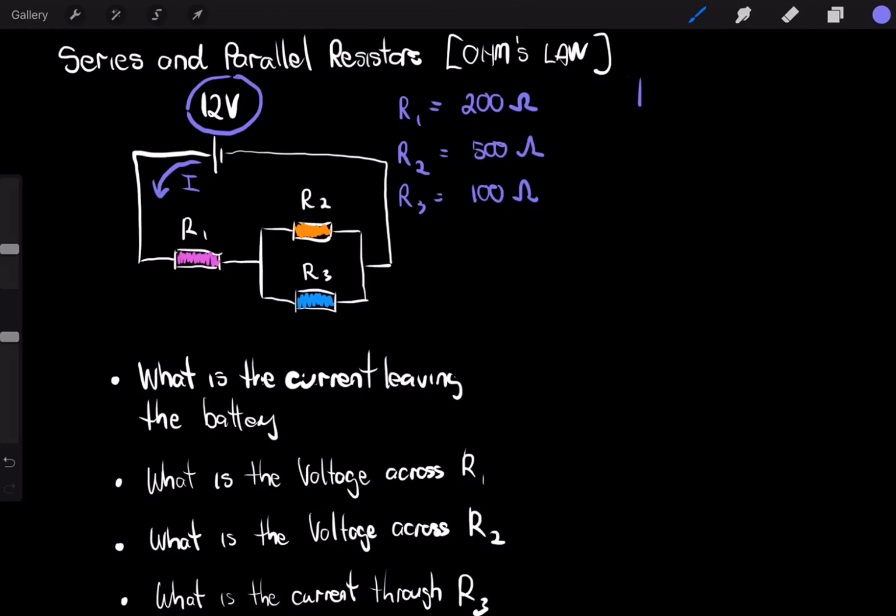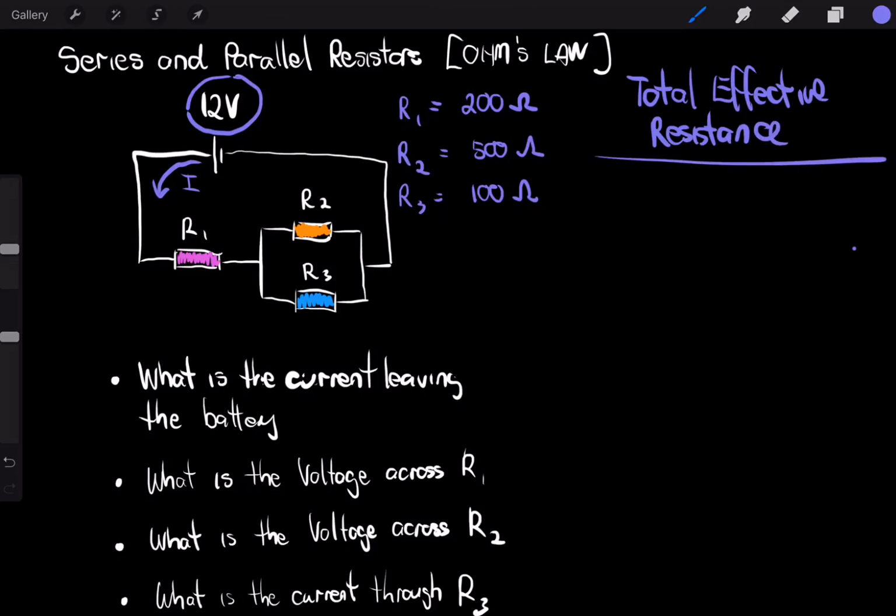So the total effective resistance of the circuit. Remember, we've got to recognize which is parallel and which is series.